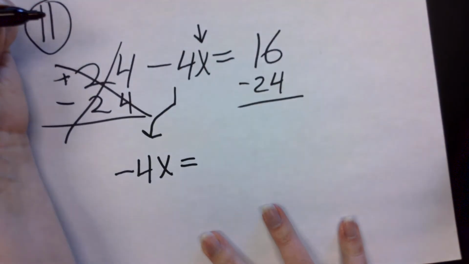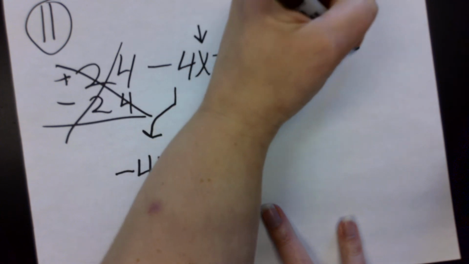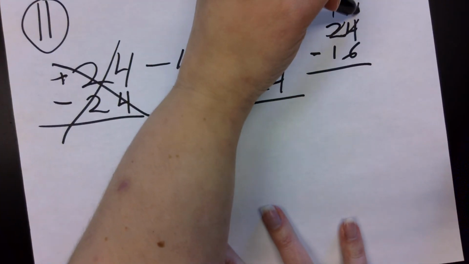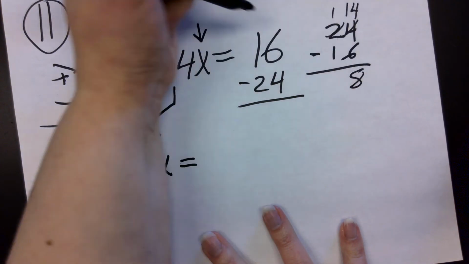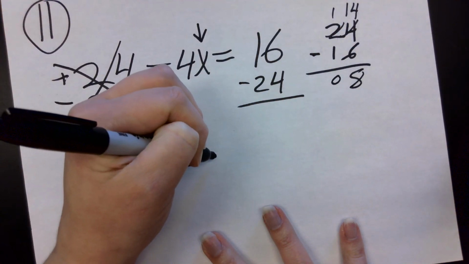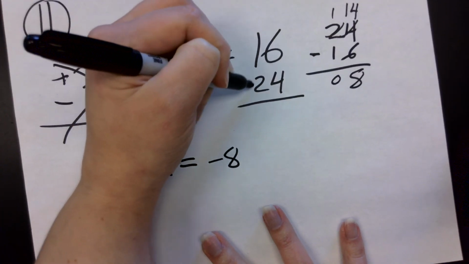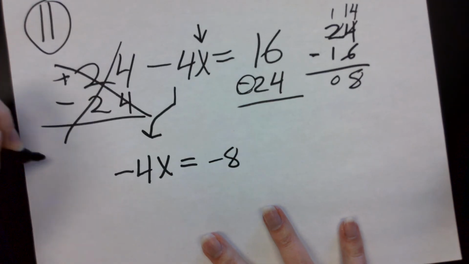And this one is just the same as the other one, a little bit different. So that's going to be negative 8. Because it's going to be a negative number because we're minusing more than what we started with.